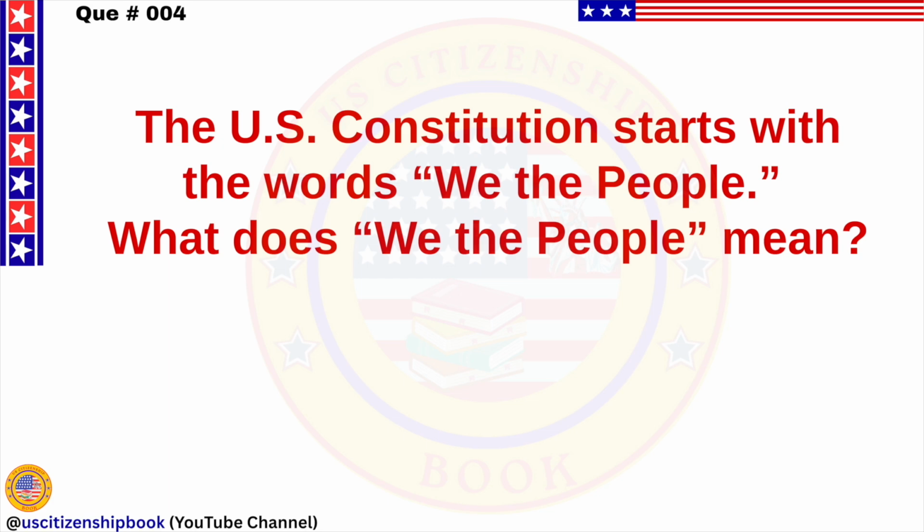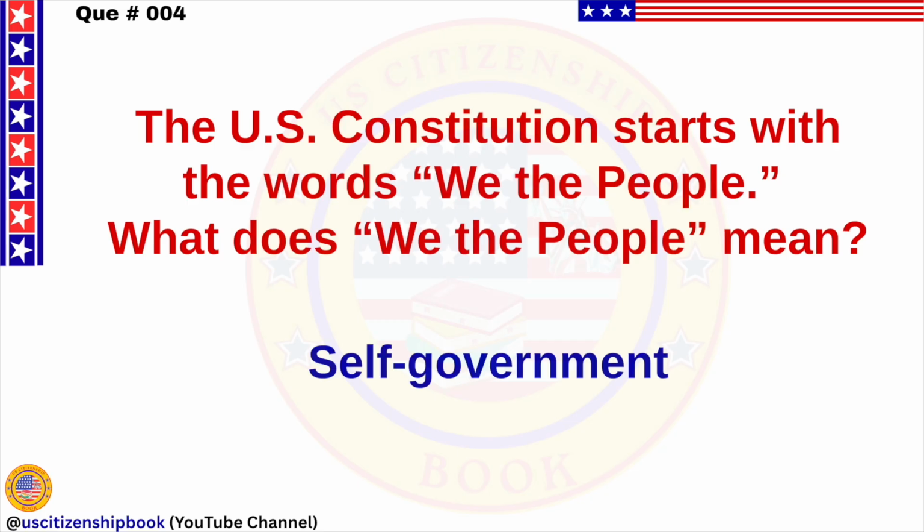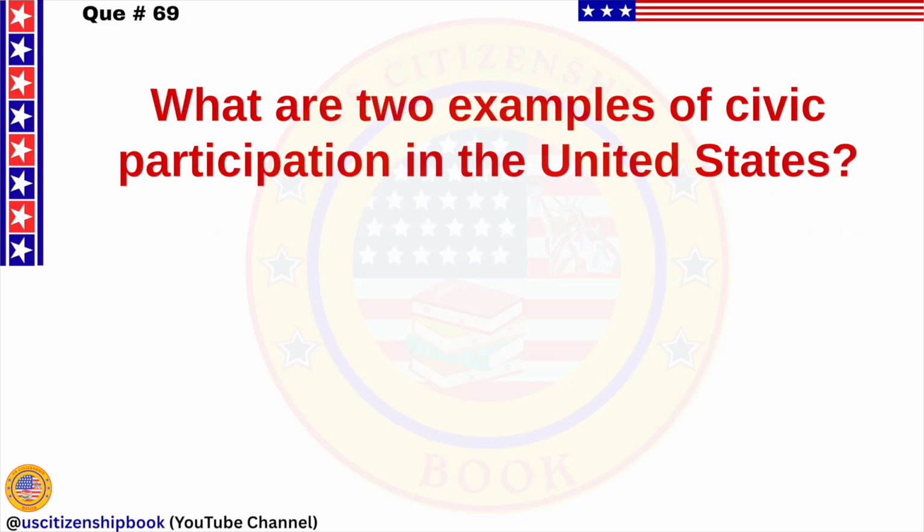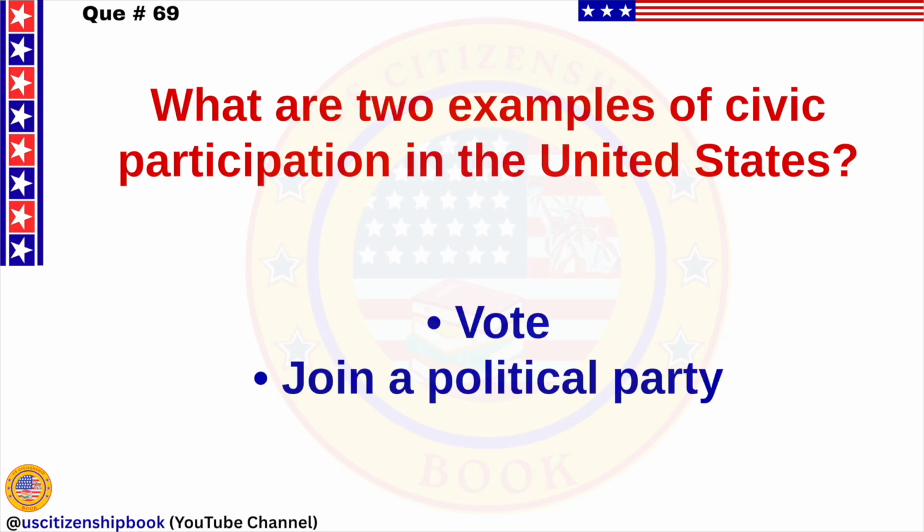What does "we the people" mean? Self-government. What are two examples of civic participation in the United States? Vote. Join a political party.